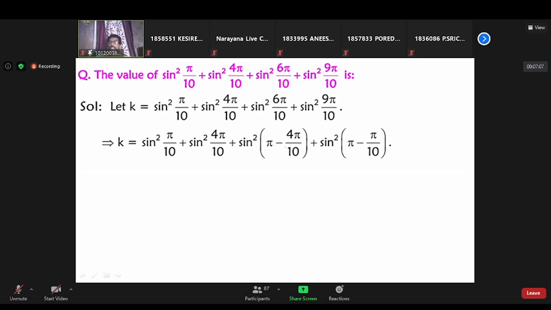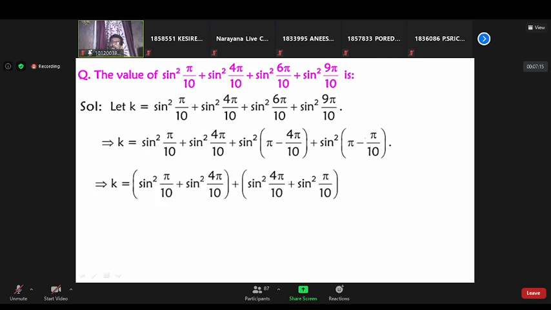Now sin square of pi minus 4 pi by 10 is equal to sin square 4 pi by 10, and this is sin square pi by 10. So we have sin square pi by 10 plus sin square 4 pi by 10 plus sin square 4 pi by 10 plus sin square pi by 10. Suppose this is angle A, this is angle B. Then A plus B is equal to pi by 2.